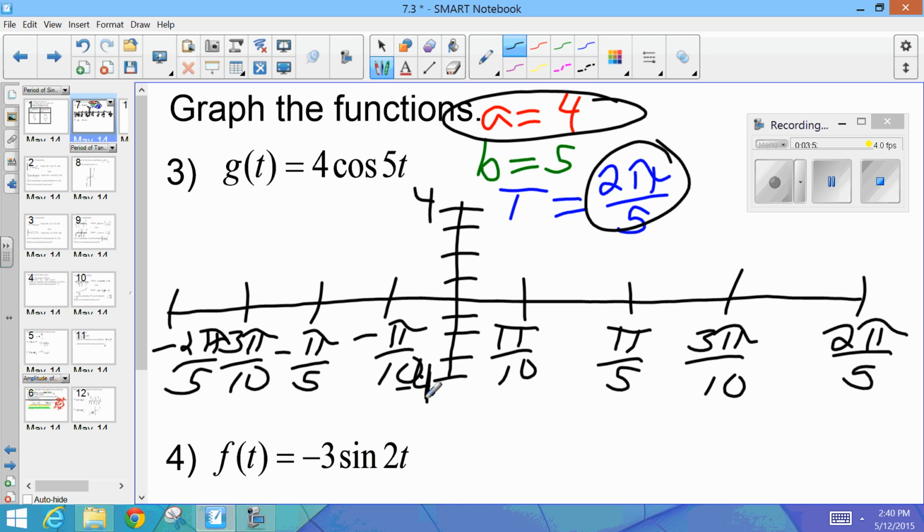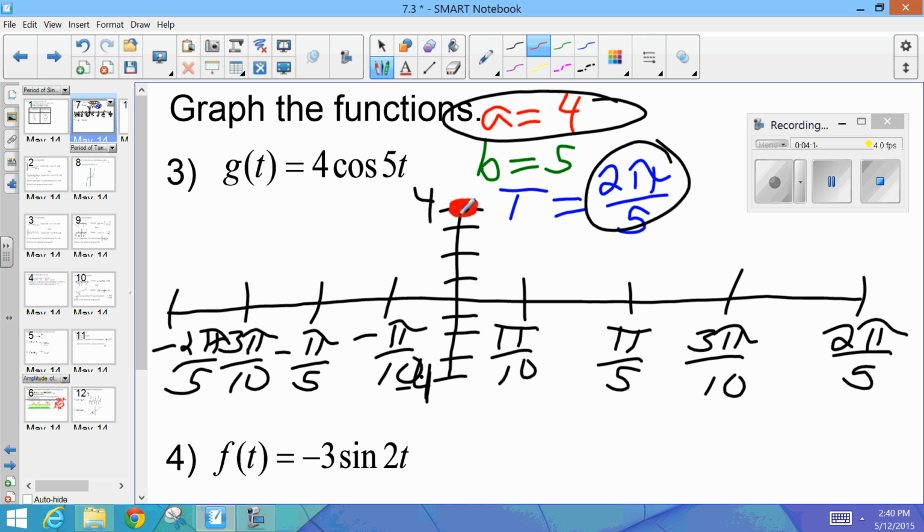Okay. All right, so I'm going to start by graphing the value of cosine of 0. Okay, if I plug a 0 in for t, we've got y equals 4. Okay, because this is a vertical stretch, so it goes all the way up to 4.